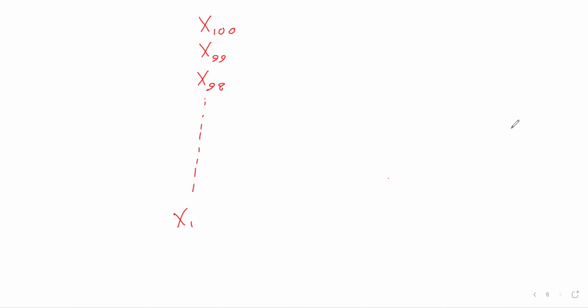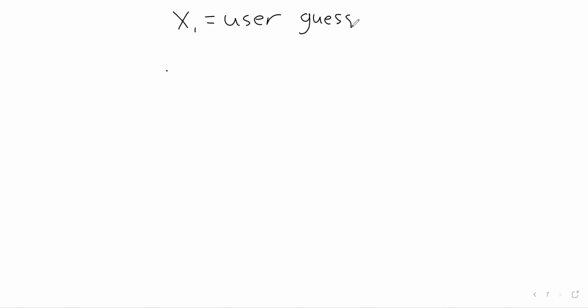We spent a day on it a semester ago, but we looked at a root finding algorithm in Calculus 1, Newton's method, which is something like x sub 1 equals some kind of user inputted guess, and then x sub n plus 1 is x sub n minus f of x sub n over f prime of x sub n. And this is a root finding algorithm.